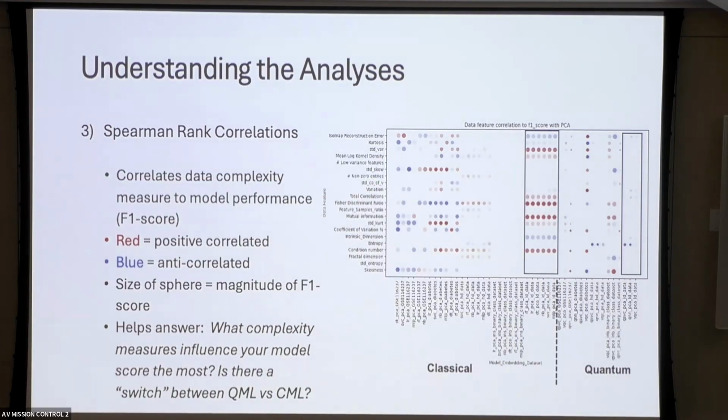What this helps us do is not only analyze what ML method is best suited for our data, but it also helps us identify a switch possibly, when you go from classical machine learning to quantum machine learning, which is what we see over here. For the same exact data, we see a completely different set of correlations between all the quantum machine learning methods and all the classical machine learning methods, both in the nature of the correlation, positive versus anti-correlated, as well as the magnitude of the impact on the F1 score.